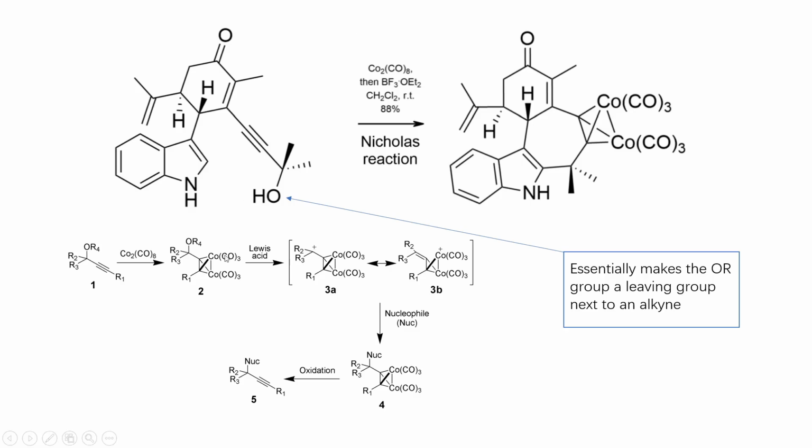And then a Lewis acid is kicking in. The Lewis acid is actually catalyzing 2 steps. The Lewis acid is first trying to catalyze this OR group to go off. So this O is attached to the BF3, then goes off.